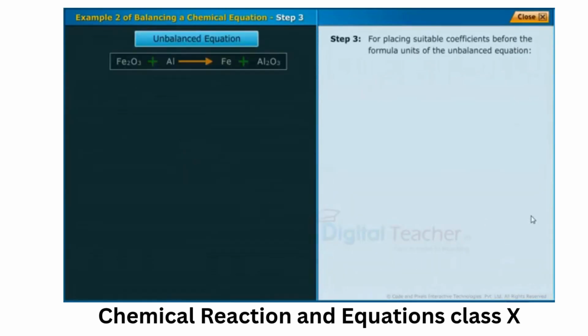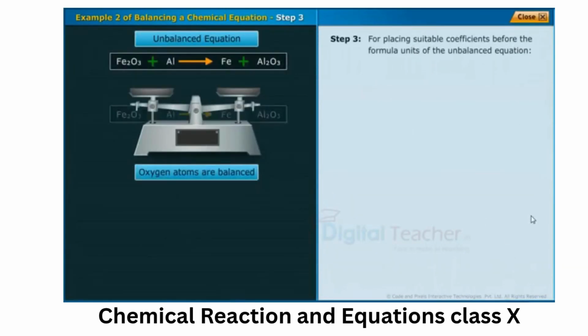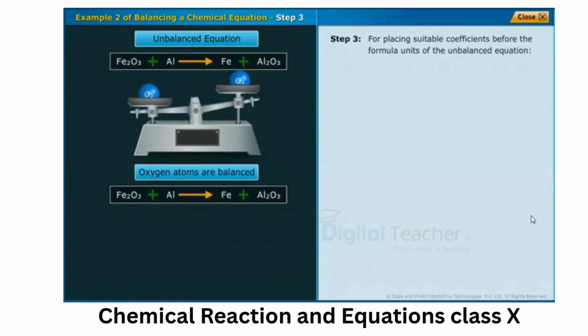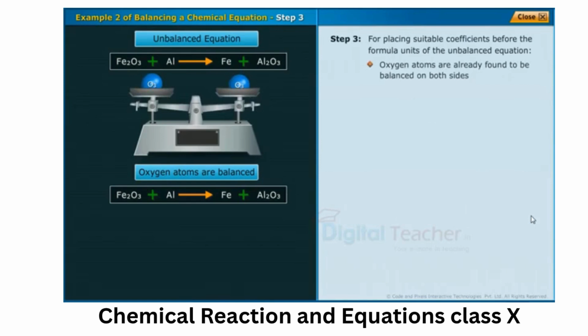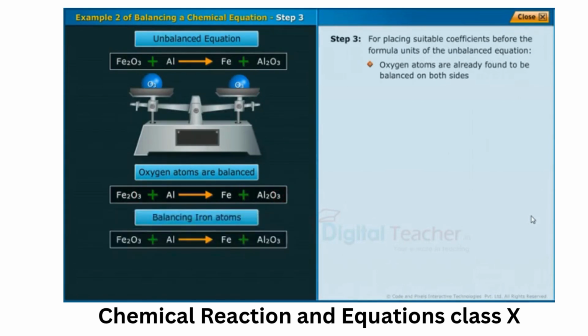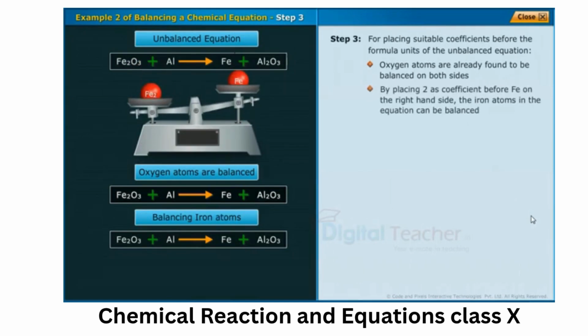Step 3. Place suitable coefficients before the formula units of the unbalanced equation. Oxygen atoms are already found to be balanced on both sides. By placing 2 as coefficient before Fe on the right hand side, the iron atoms in the equation can be balanced.